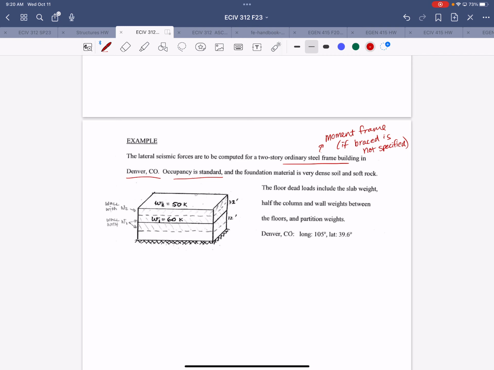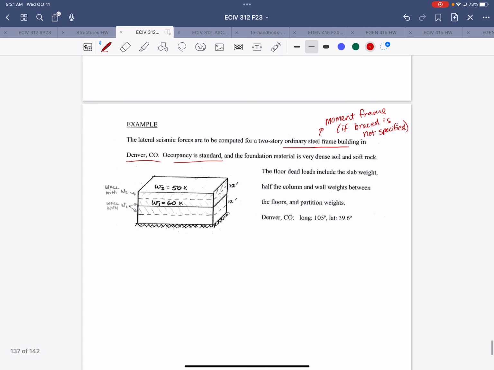And then from that, we will determine the risk category, which is also based on, let's see. Oh yeah, well, risk category and then importance factor. Yeah, so I had that backwards, right? So standard occupancy would be risk category 2.